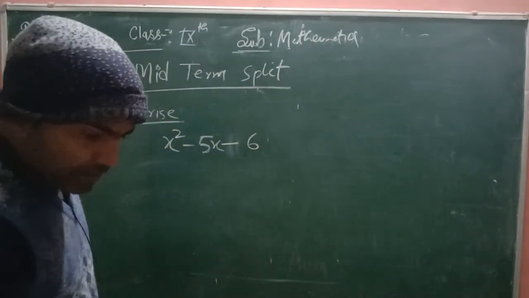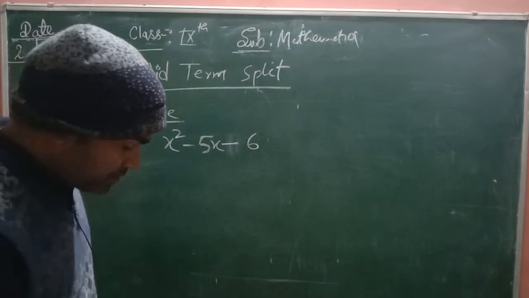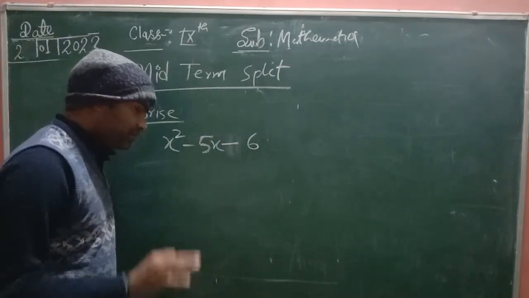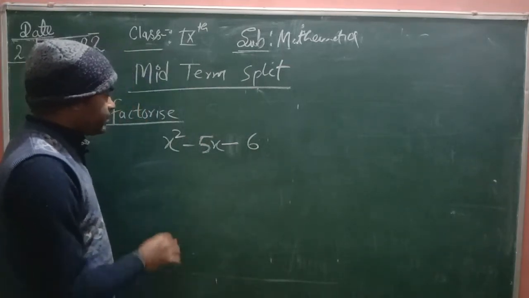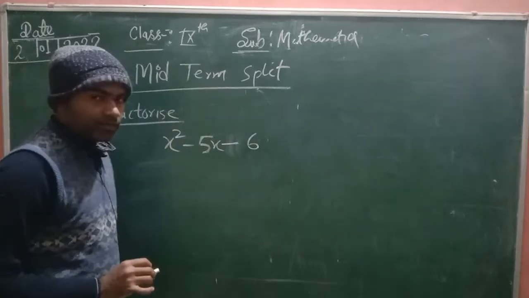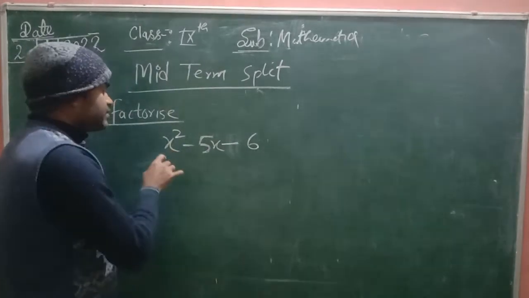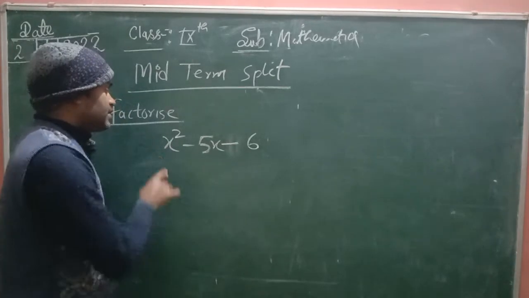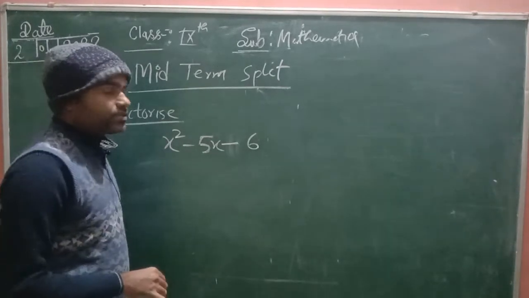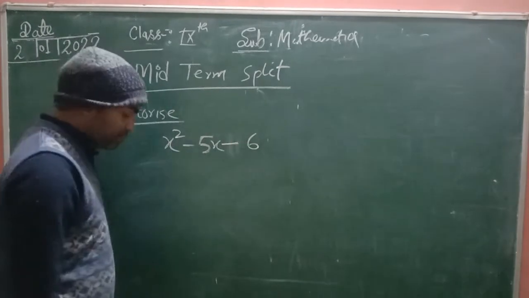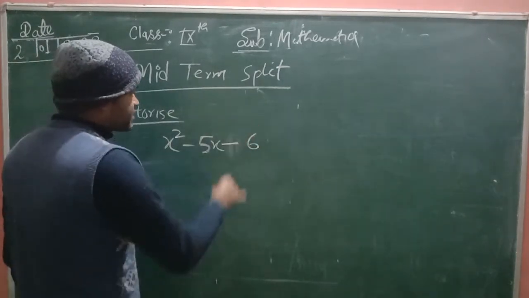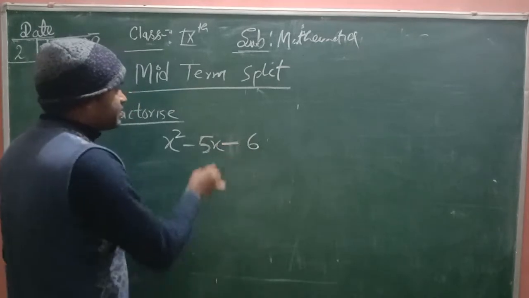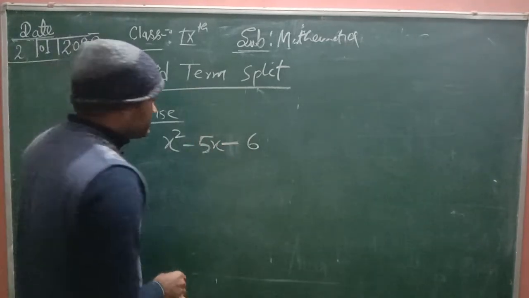In this particular problem we will apply the same concept as long as the coefficient of x square is 1. If there is a coefficient of x square then we will include that with the constant term, but in case the coefficient of x square is 1 we will use the concept that we split 6 in such a way that on subtraction it is 5.